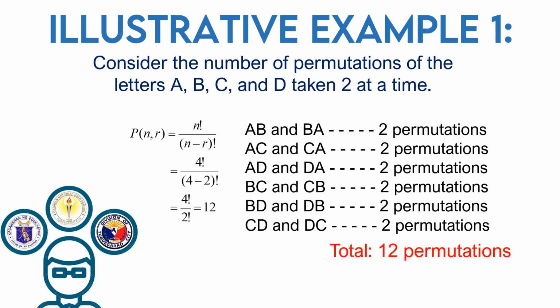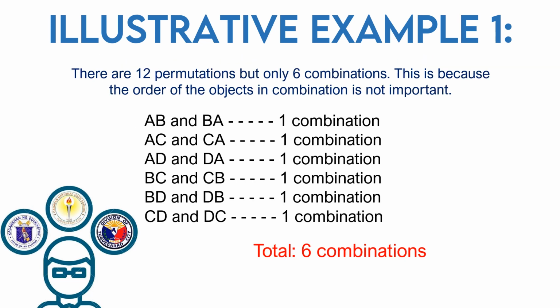The same is true with AC and CA, AD and DA, BC and CB, BD and DB, and CD and DC. Now notice, class, that there are actually 12 permutations but only 6 combinations. Why are there only 6 combinations here?